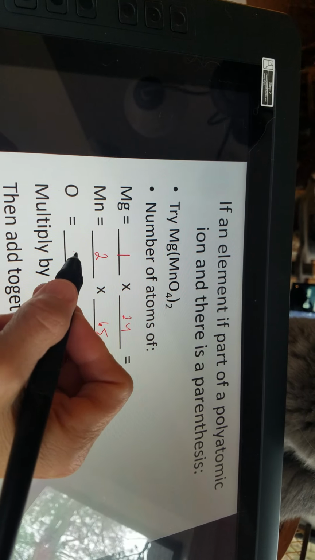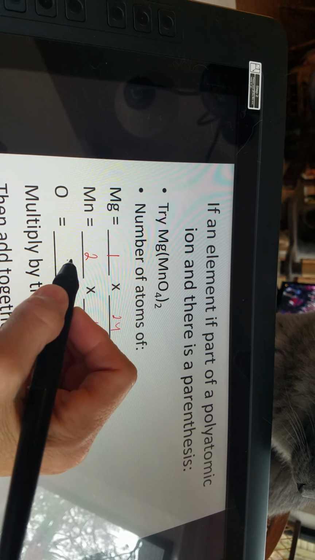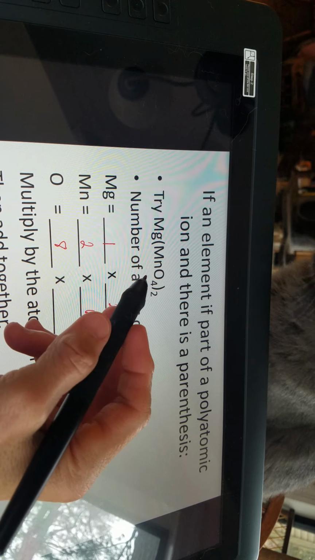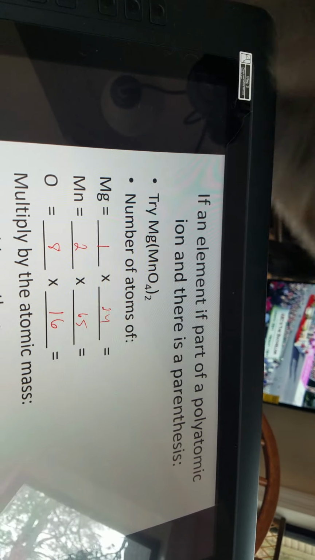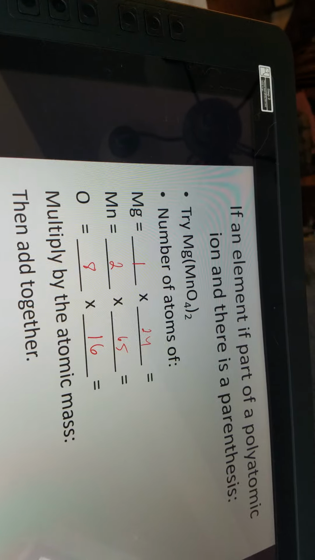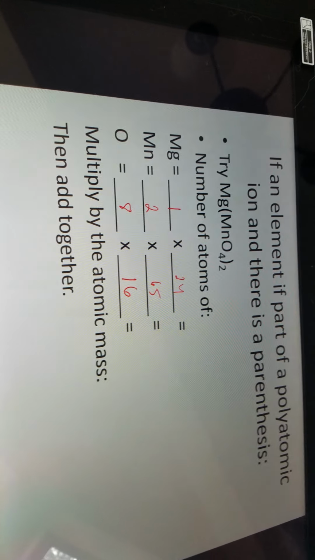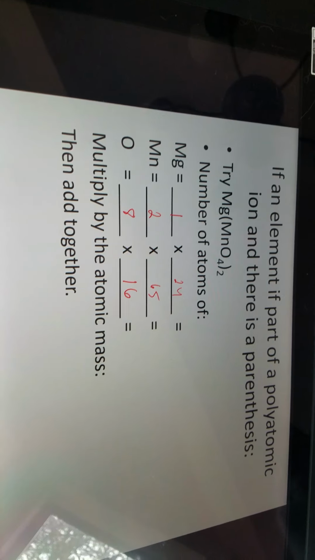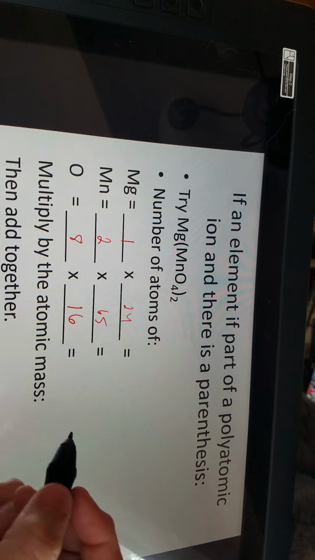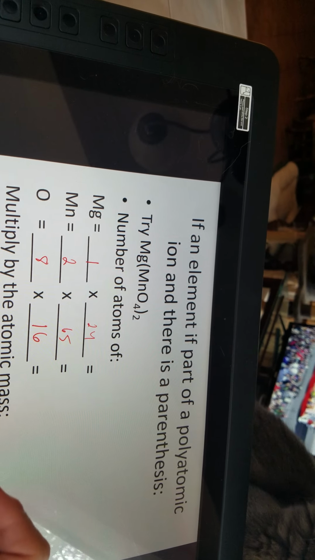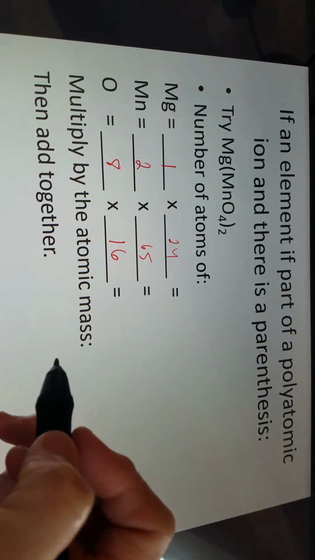And then oxygen, I have a total of 8. 4 on the inside, 2 on the outside, so I'd multiply that together, and then I would have 16. Then I would simply multiply all these out and add them together to get my gram formula mass.